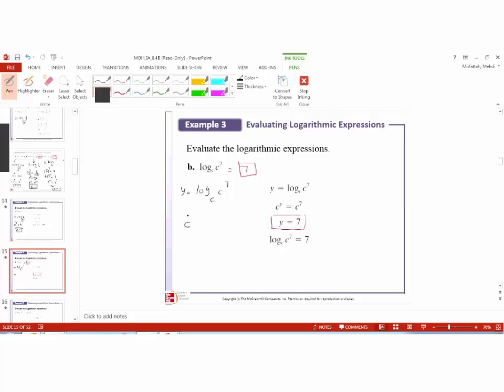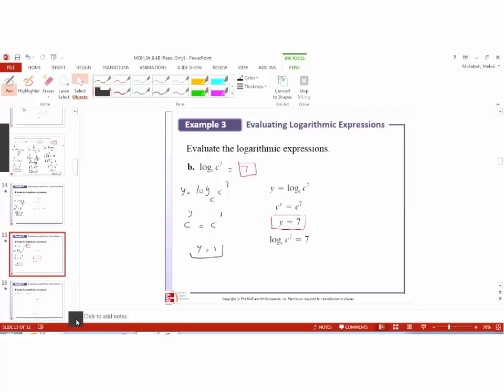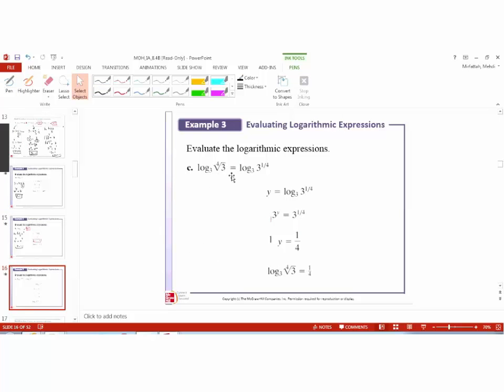The base of the logarithm to the power of y is equal to the argument, so y must be equal to 1. Okay, this would be another example here. You see how if I change this to 3 to the power of 1/4, the base of the logarithm and the base of the argument are the same, so the whole thing must be equal to 1/4 without doing any calculation. But you can go through the conversion and verify that.